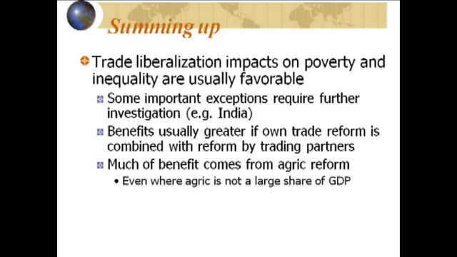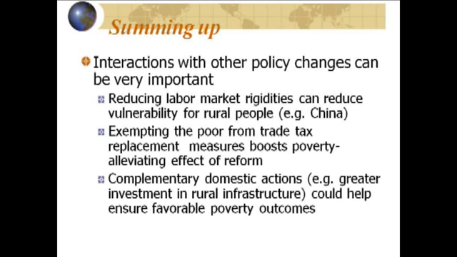But the benefits are usually at least as strong from own trade reform, but if you get global reform at the same time, or rest of the world reform at the same time, that can roughly double the impact for any particular country group. And much of the benefit is coming from agriculture. Most of the benefit in lots of these results.